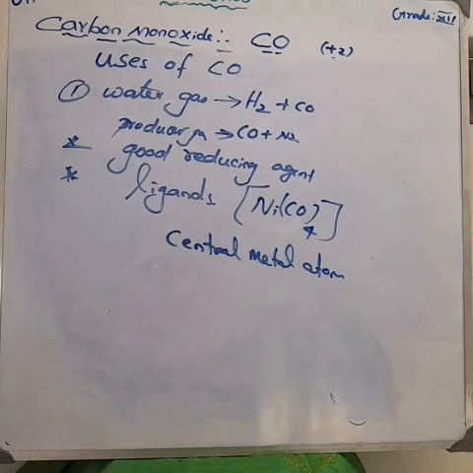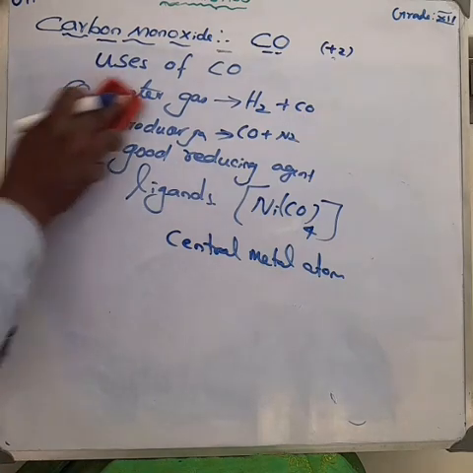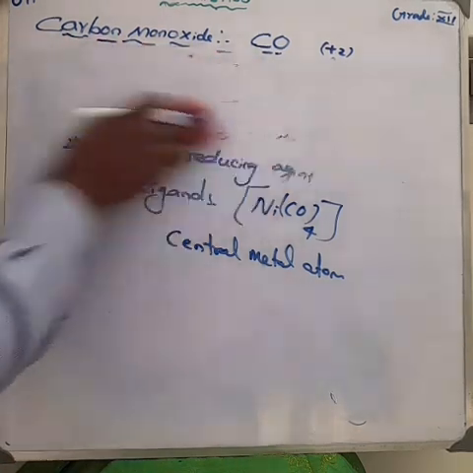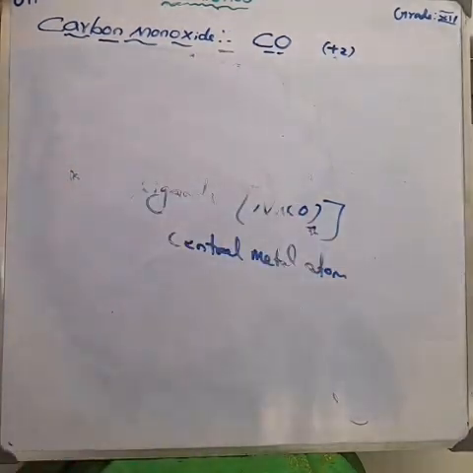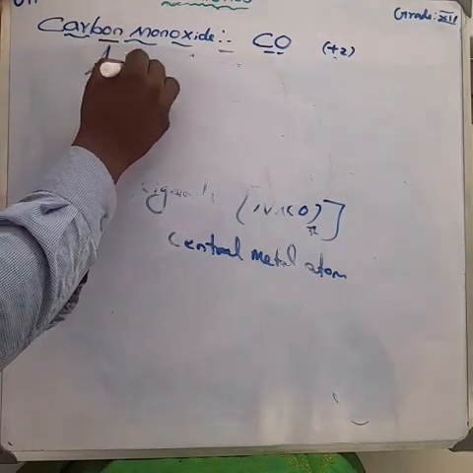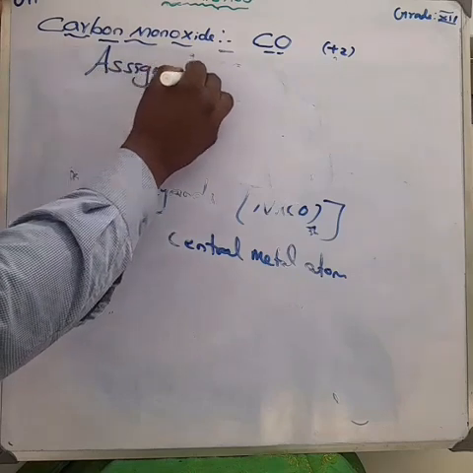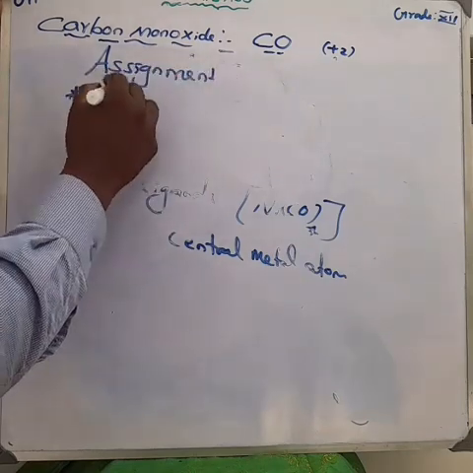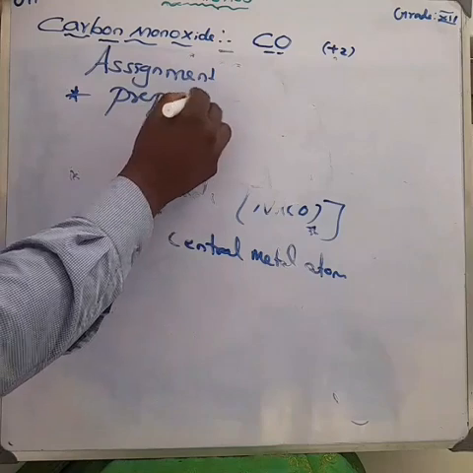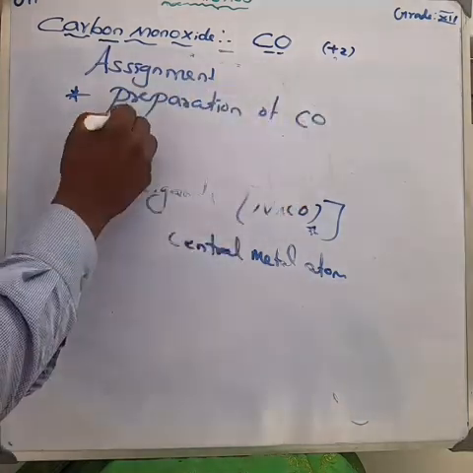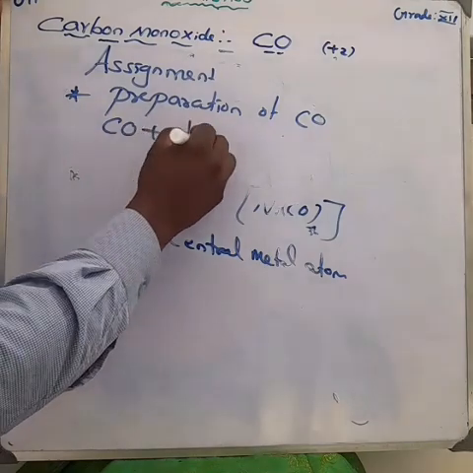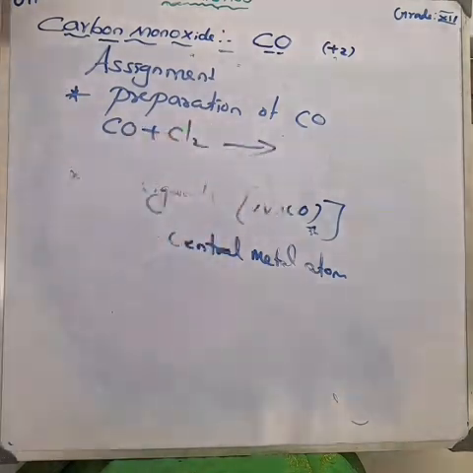Anyhow, today I am giving some very important questions. First, the preparation of carbon monoxide. You have to write any one preparation. And also, what happens when carbon monoxide, that is CO, reacts with Cl2. That is the second question.